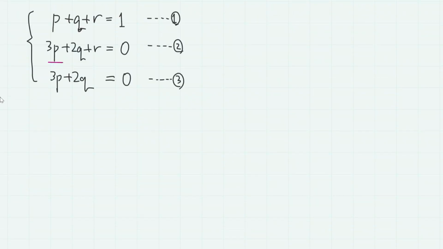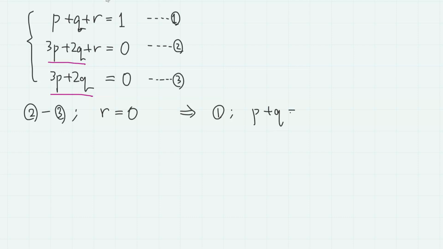Here, since the second equation and the third equation both contain 3p plus 2q, we can eliminate both p and q by doing equation 2 minus equation 3, which only leaves r equals 0. Then equation 1 becomes p plus q equals 1. And let's call this equation 4.